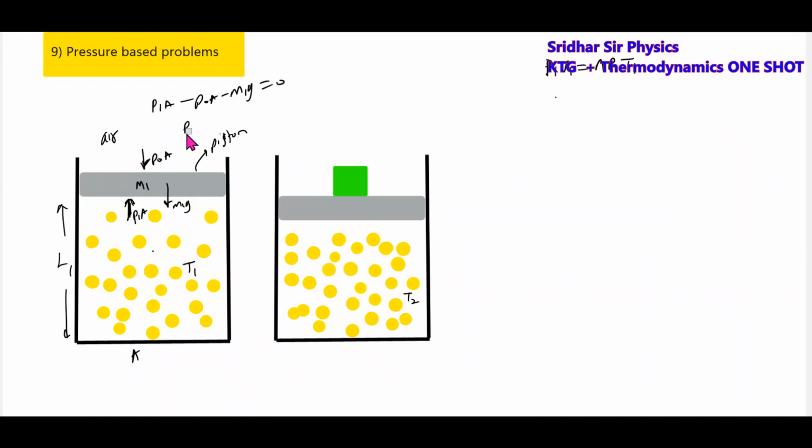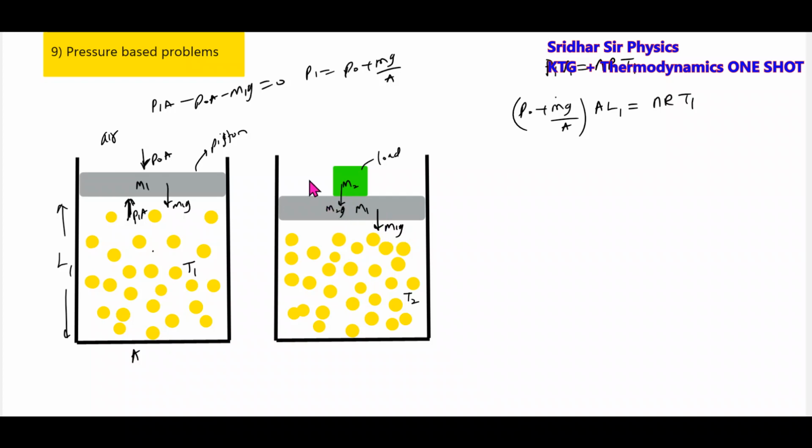Or P1 equals P0 plus m1g by A. What is the volume of gas? A L1. Number of moles as it is. We'll get the temperature. Now I have introduced a load. I'll add some more load. Then the weight of the piston, weight of the load, and pressure force P0A.